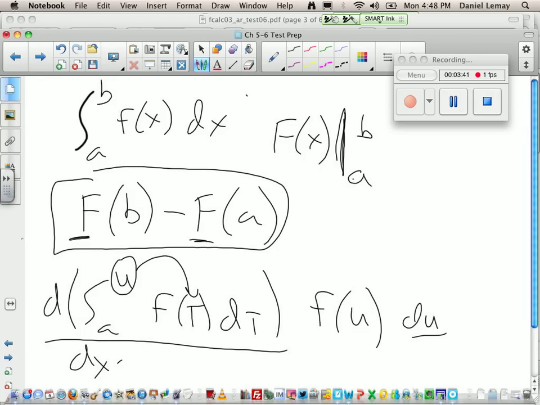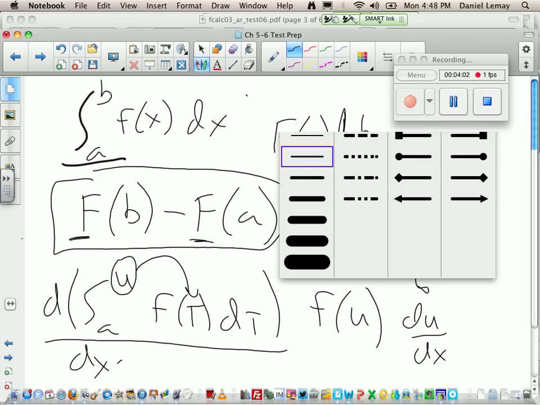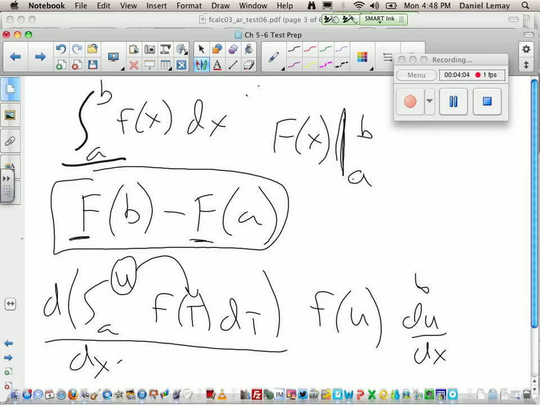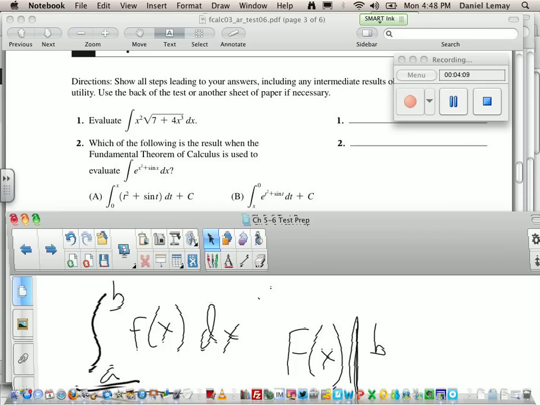I'm sorry, I wrote t, so I put x down here, I've got to use x here. If this is just x, you don't have to worry about this part, it'll just be f of x. There's a problem later on that you have to worry about this, and there's one in the exam that you have to worry about like that. But anyway, this is the fundamental theorem of calculus. We take the indefinite integral and make it a definite integral with bounds, and we do that evaluation.